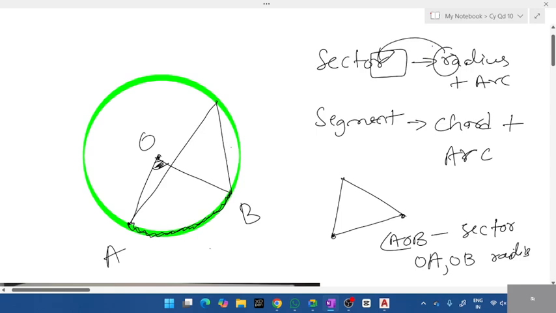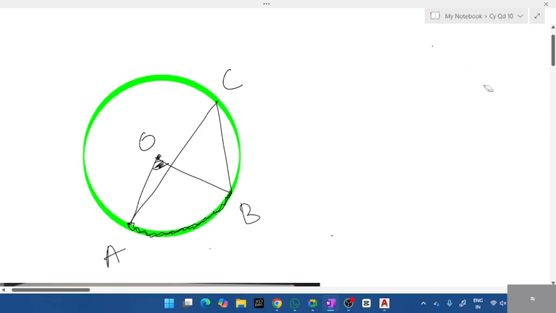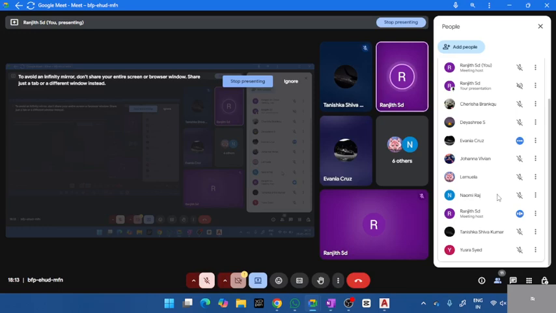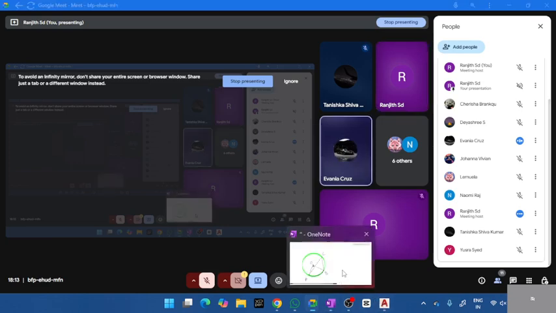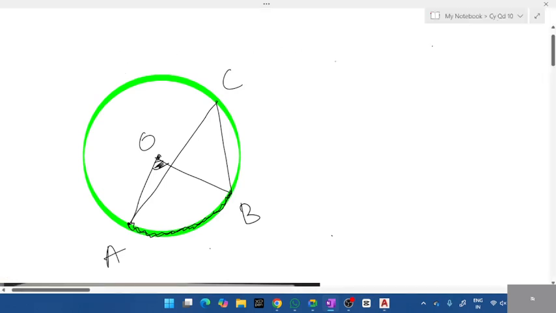Next one. What is ACB? Sector or segment? Segment. Who said sector? I'm talking about ACB, students. It is a segment, right?